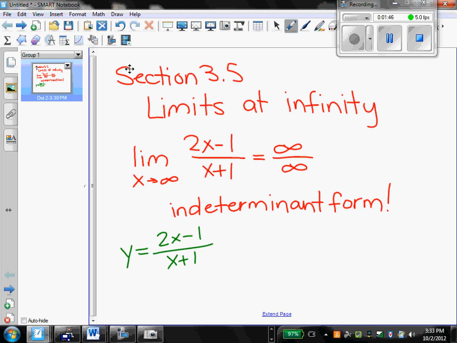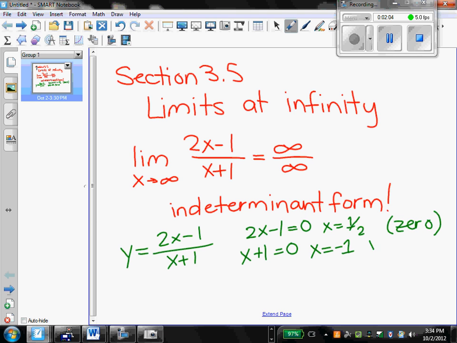So how did I know all of that? Well, if I set 2x minus 1 equal to 0, x equals 1/2, and that's our 0, because that's where the numerator would be 0. If I set the denominator equal to 0, I get x equals -1, and that is our vertical asymptote.